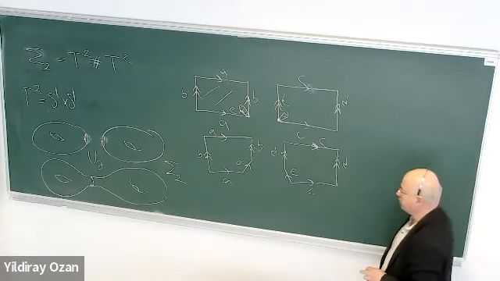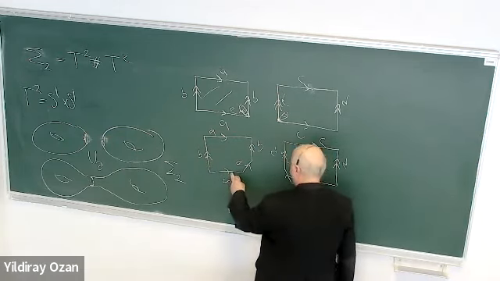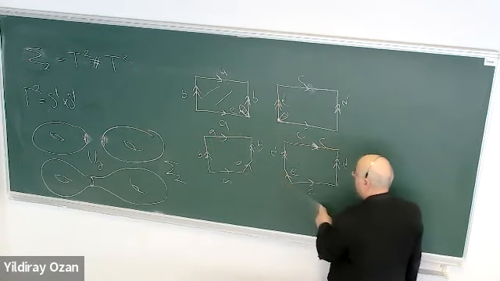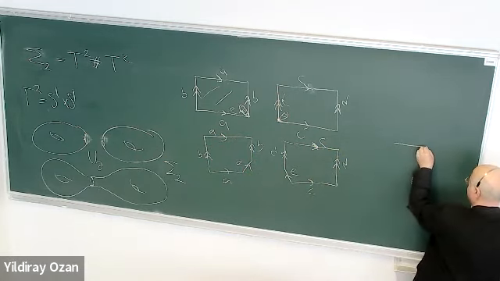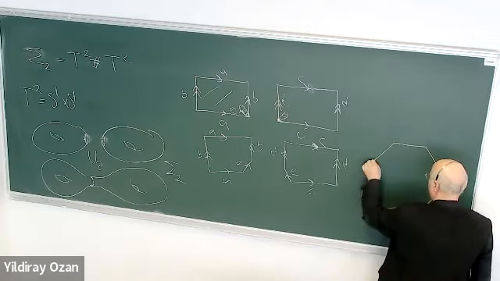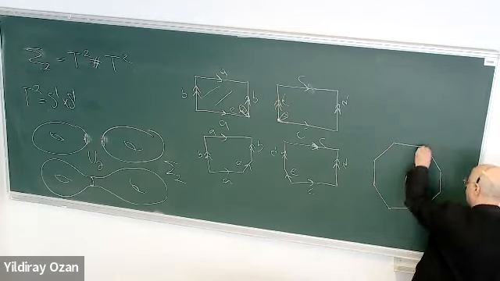And how many sides will we have? I will have 4 sides here because this is identified with this one, and 4 sides here. So I have 8 edges. You may consider them like this.